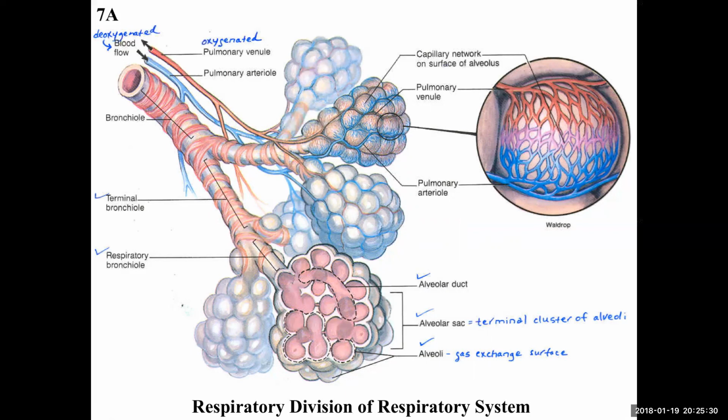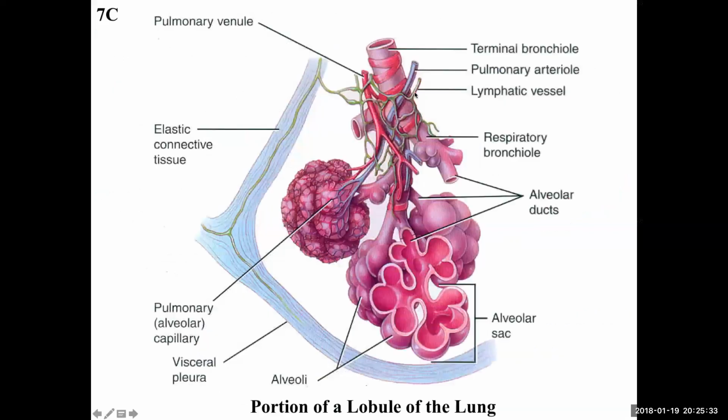The lobule also receives one terminal bronchiole, several respiratory bronchioles. You can see here 1, 2, 3, maybe 4 respiratory bronchioles, and of course, several ducts, several sacs, and several alveoli.